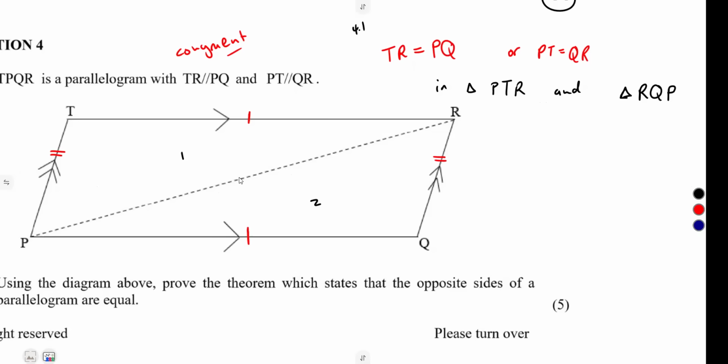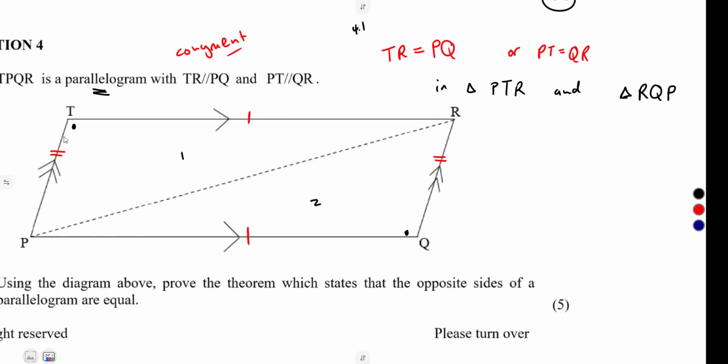One, we can consider the angles from the parallel lines. If we consider parallel lines, before that, we are told that it's a parallelogram. So angle T and angle Q, these ones must be equal from the properties of a parallelogram. We can consider that.